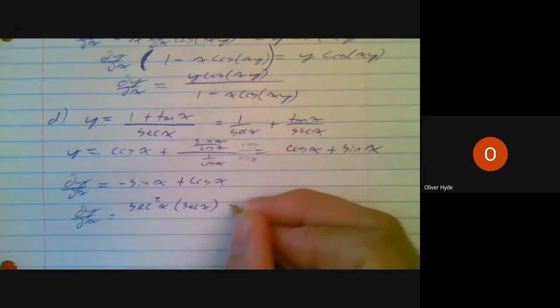We'd be talking about the derivative of the top, the derivative of the tangent of x. Tangent of x has cosine of x in the denominator, so does secant of x, so it'd be secant of x squared multiplied by the secant of x. That's the derivative of the top times the bottom, minus the derivative of the bottom, secant of x times the tangent of x, multiplied by the top, 1 plus the tangent of x, all over the bottom squared, secant of x squared.